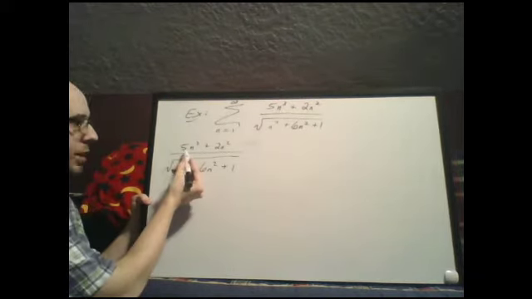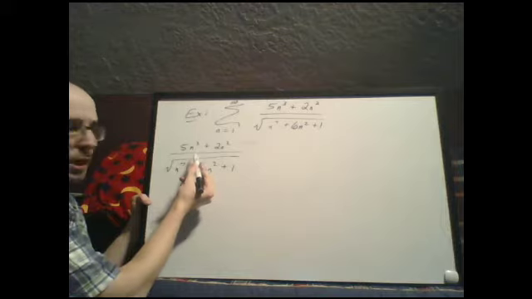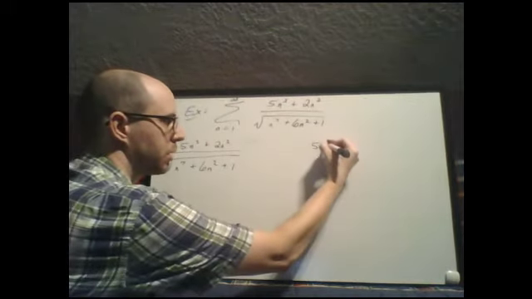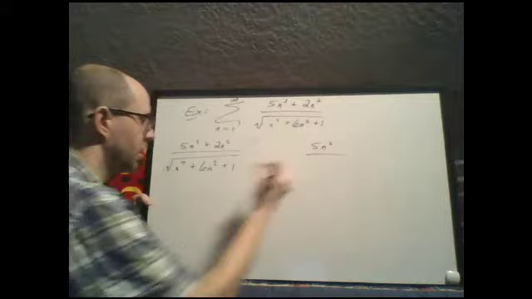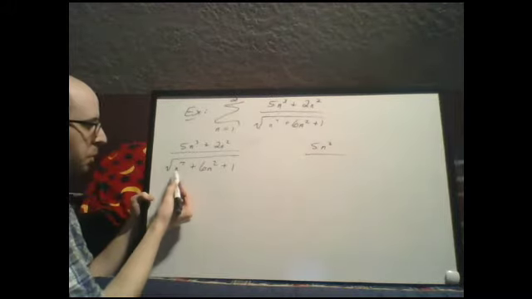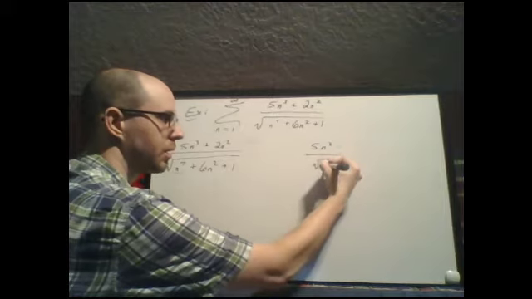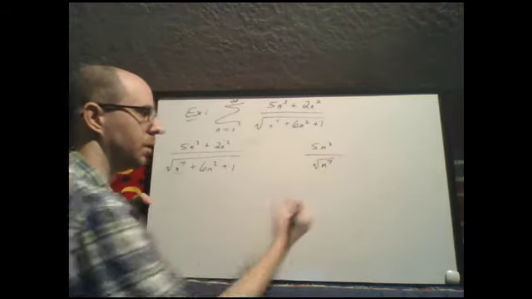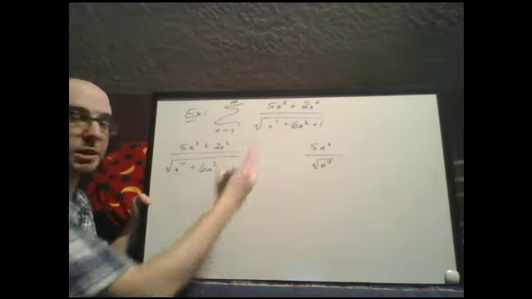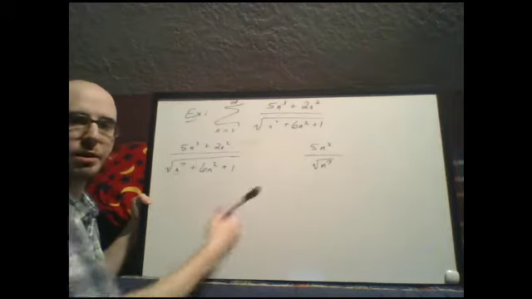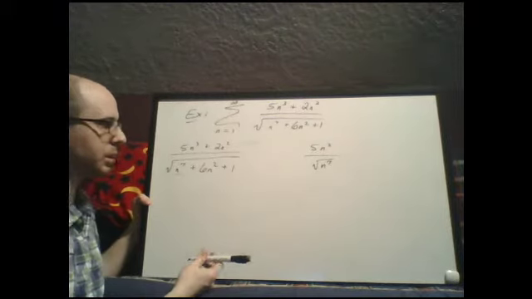So 5n cubed is the largest power on the top. On the bottom, it's all happening inside a square root, but the most powerful term is n to the 7th, so I'd have the square root of n to the 7th. Now, I'll simplify that, but let's see about a direct comparison.